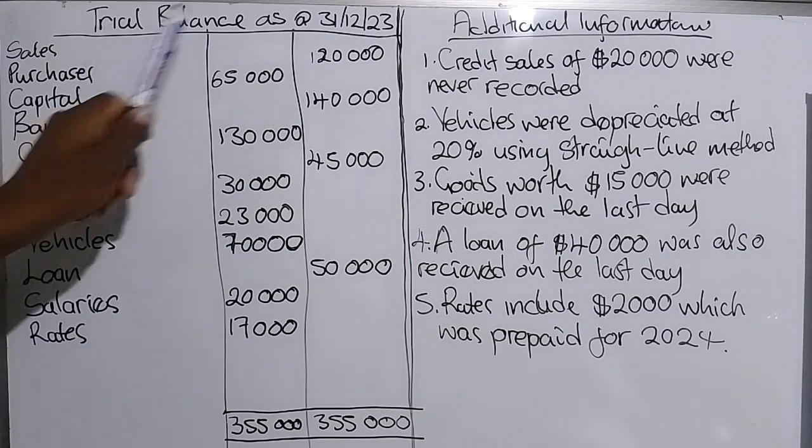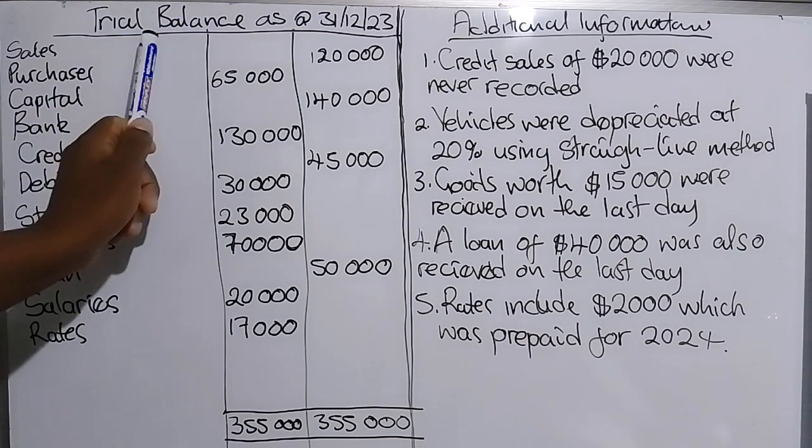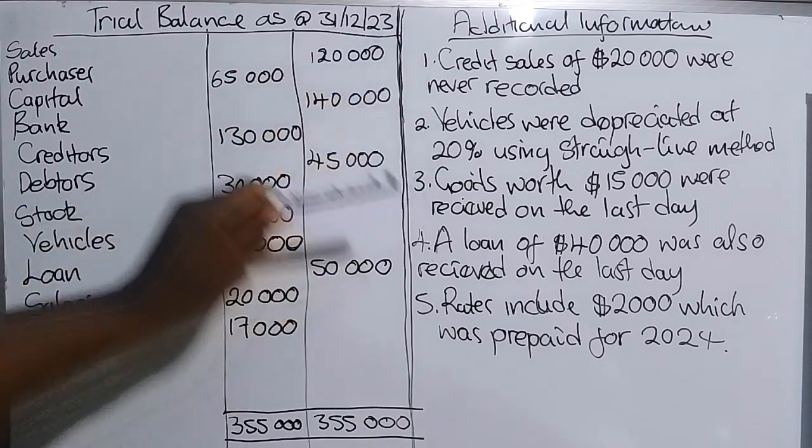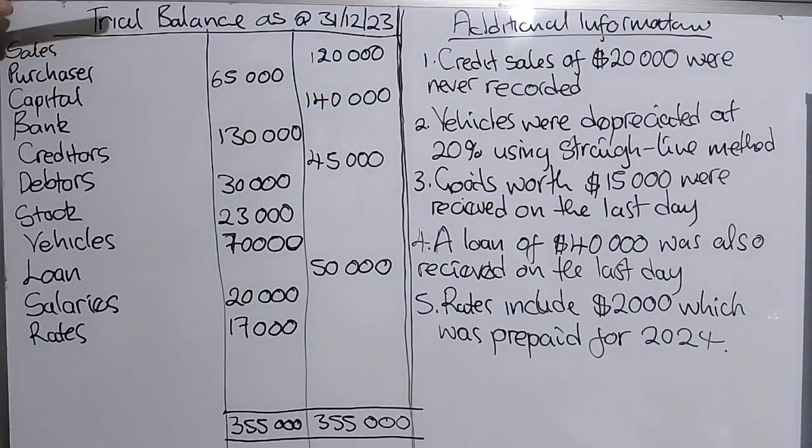So we name it trial balance as at 31 December 2023, for the year ended 31 December 2023. Now let's look at how we make adjustments to the trial balance.